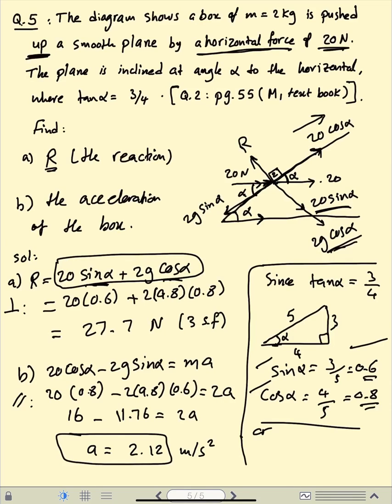Some students have asked me, sir, why don't we do alpha is equal to tan inverse of 3 over 4, which is 36.9 degrees, then sine of this is 0.6, and you get the same answer. It's right, it's not wrong. But I don't agree with decimals this way, especially, as you'll see in the next videos, when you are given a proof or 'show that'. If you write with decimals, you confuse yourself.